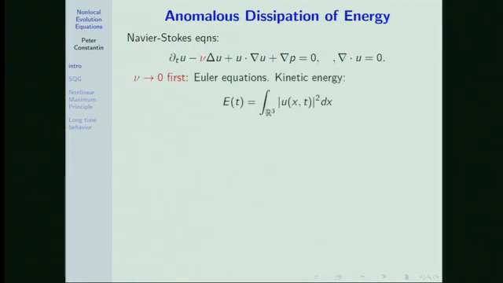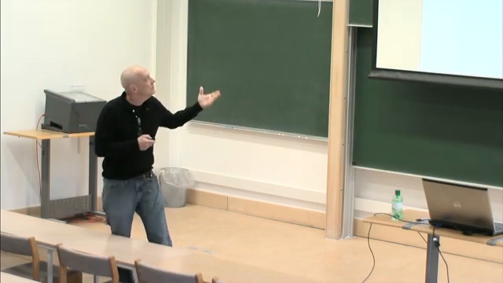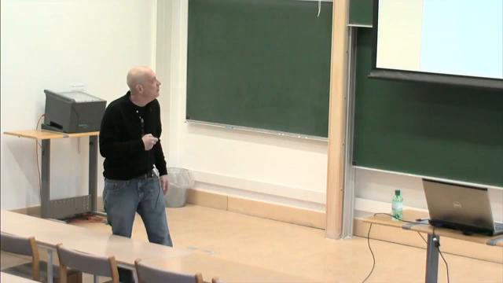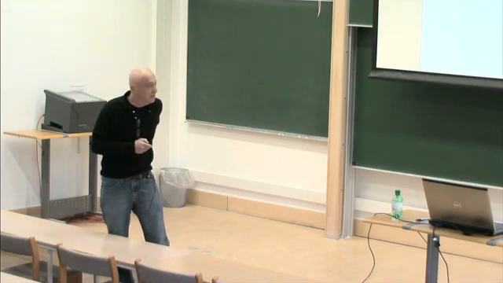And there are two ways of talking about this anomalous dissipation. One is simply letting viscosity, so essentially it's a question of behavior at zero viscosity. So the first one is letting nu go to zero first. So in that case, you drop this term formally, and you deal with the Euler equations.